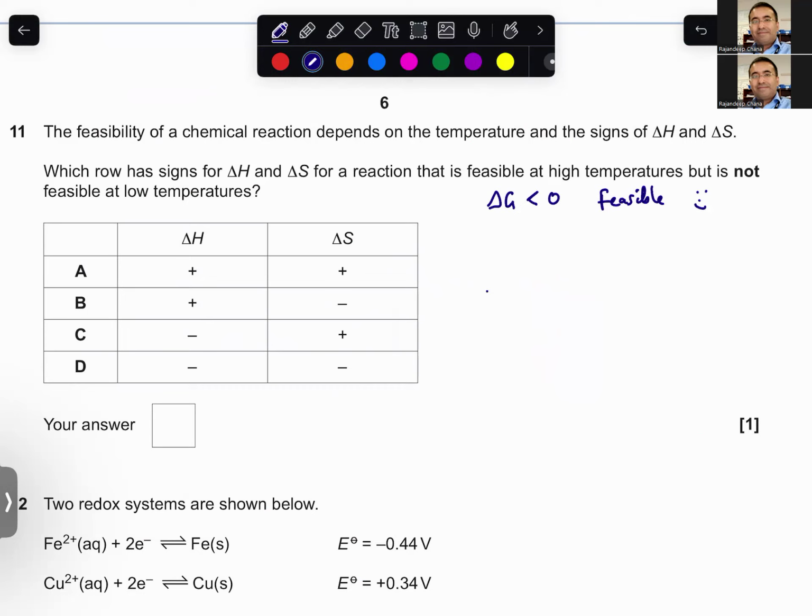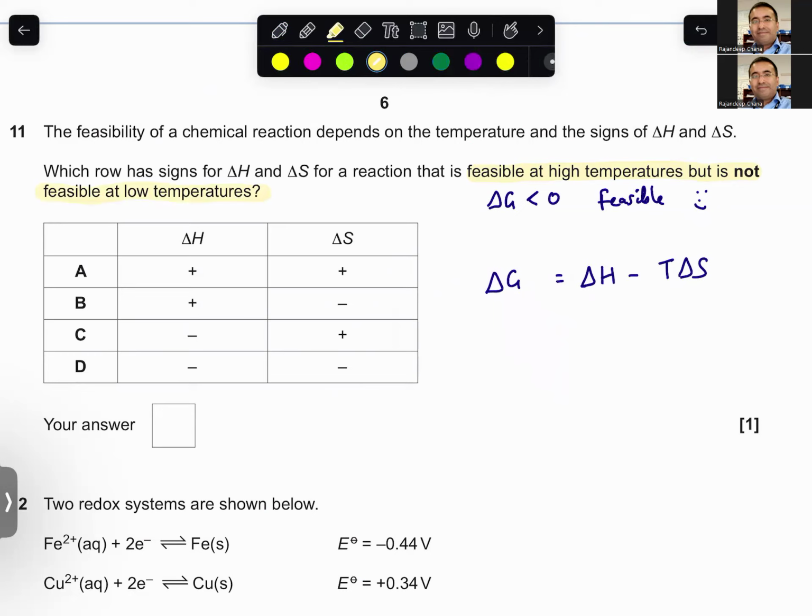And using the expression delta G equals delta H minus T delta S, we're trying to see which row has signs that is feasible at high temperatures, but not feasible at low temperatures. Let's have a look. Let's go through all of them.